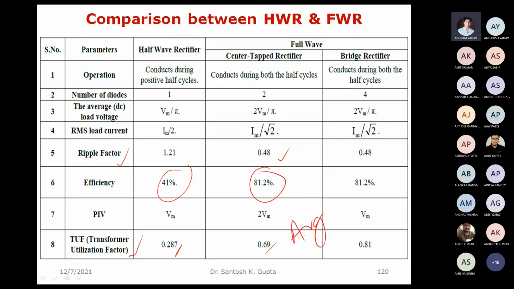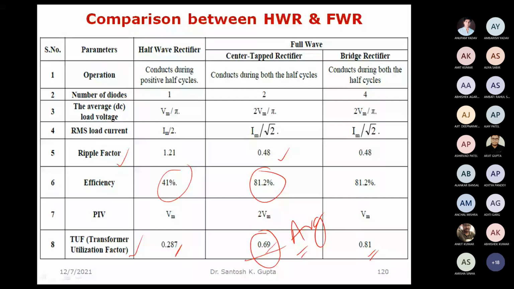As we have already seen, this is the average value because the primary and secondary of the center tap rectifier are utilized differently. So this number is not the absolute value, but the average value. Whereas for the bridge rectifier, it is the absolute value, 0.81.